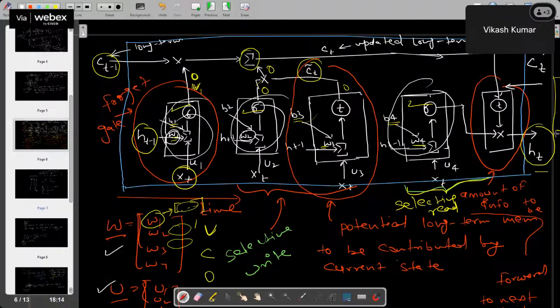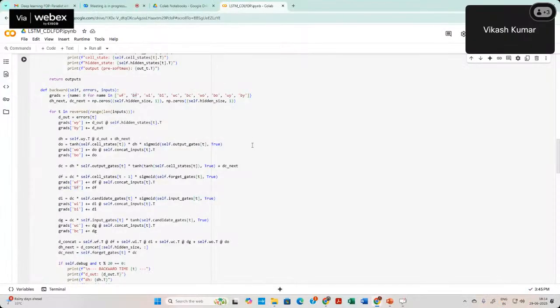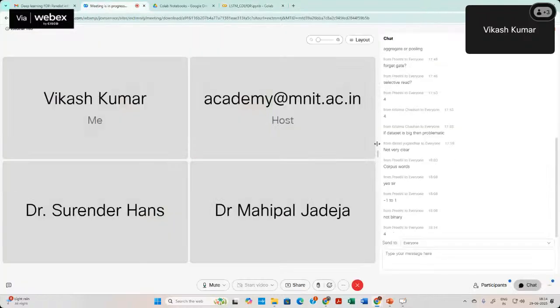This is one unit we have. If we have thousands of characters, say 1000 characters, how many RNN units do we need? In abstract terms, that many time units we need, and that many RNN units will be there.